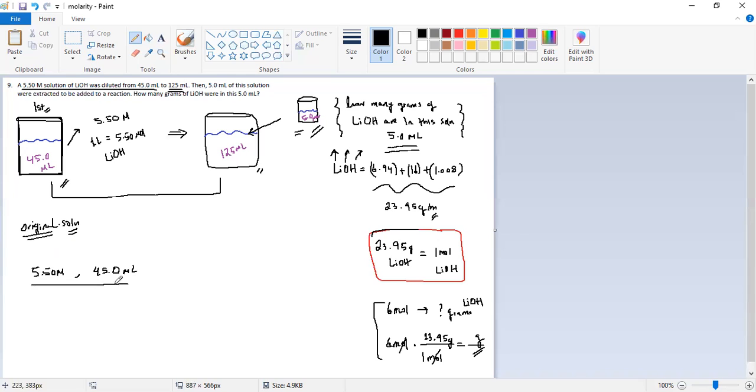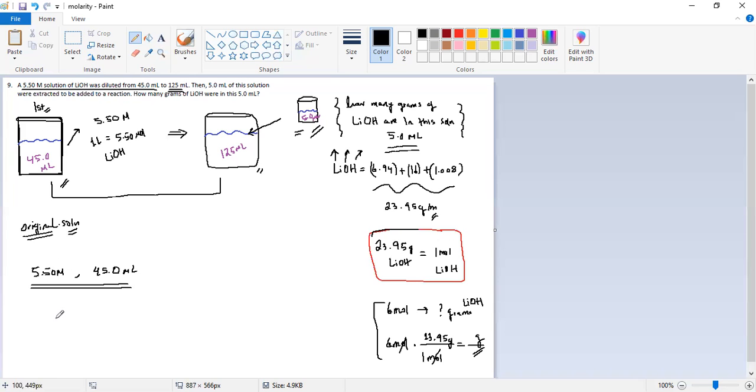So this is enough information to be able to attain how many moles there are in the actual solution. But just keep in mind that the molarity of this guy will be different. So right now we're here and we're just taking this step by step, but just keep in mind as we move forward, we may have to change some information to take into account that the molarity is different.